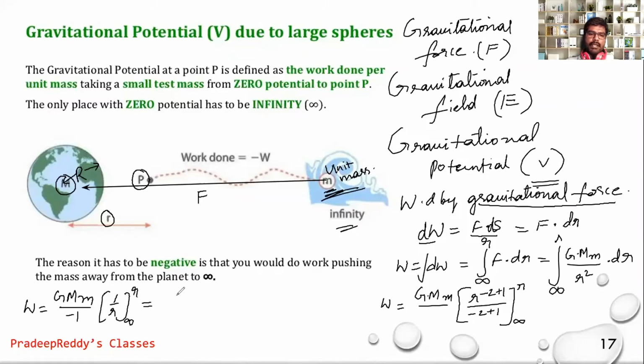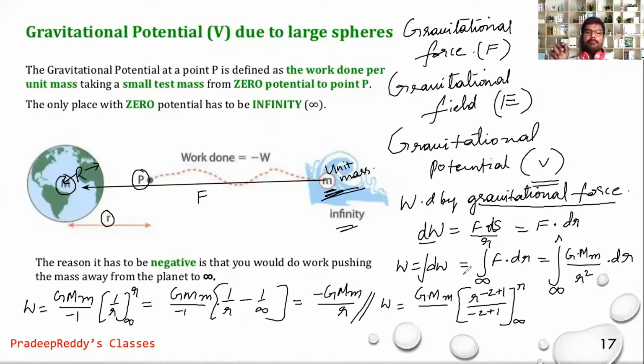This is equal to G M m divided by minus 1 into 1 by r minus 1 by infinity. This is equal to minus G M m divided by r. This is the equation for gravitational potential energy. That is, work done is nothing but energy.